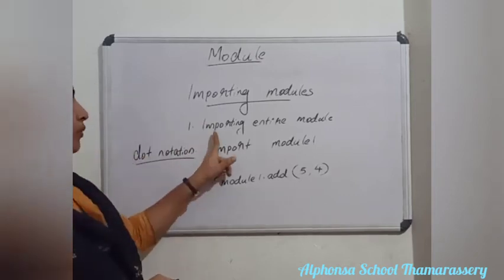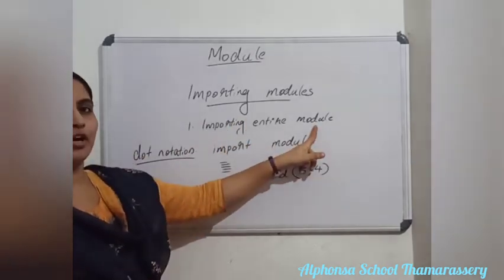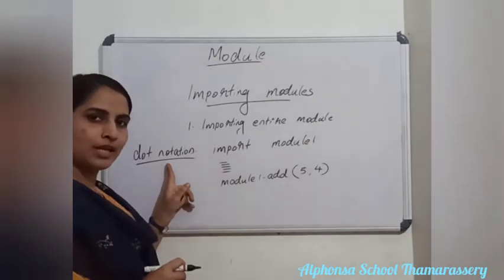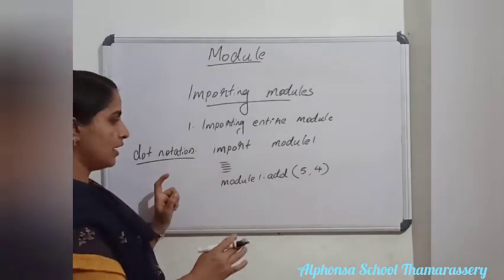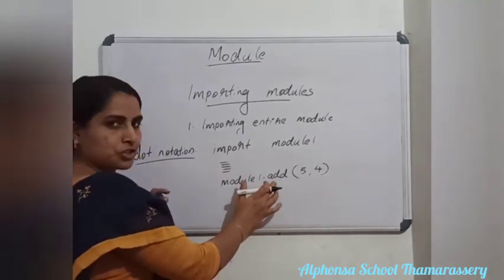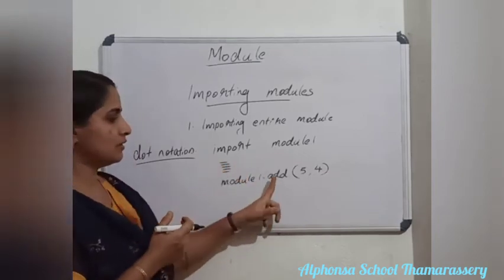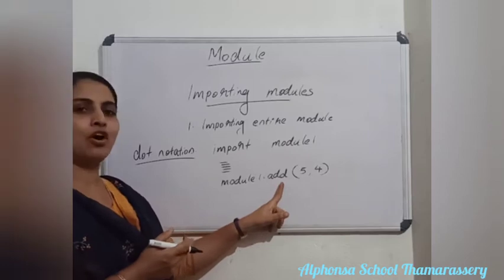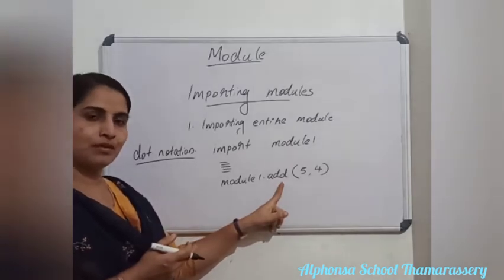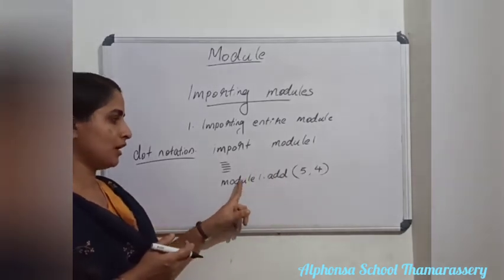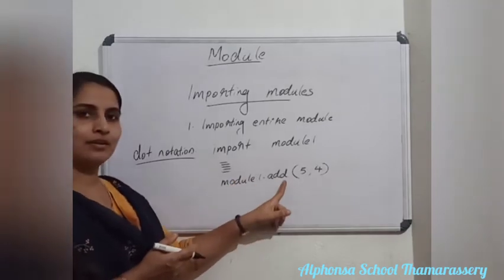So while importing the entire module in your program, this dot notation is a must. That is, I cannot use only this add function. The interpreter may produce an error message like this add element is not found in present program. Why is it available here if I am using module1.add?